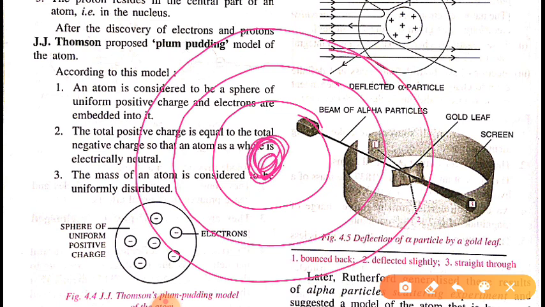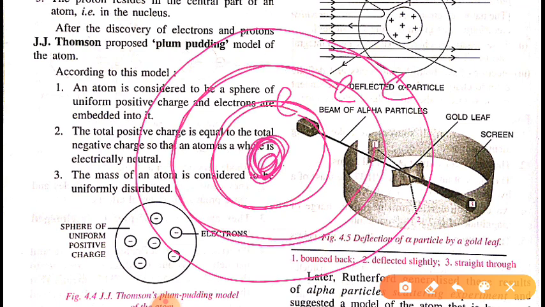The electrons revolve around the nucleus at a large distance from each other in circular orbits, found in the empty space of an atom. You can see this: this one is an electron, here is an electron, here is an electron. They are revolving like this around the nucleus. This one is the nucleus.